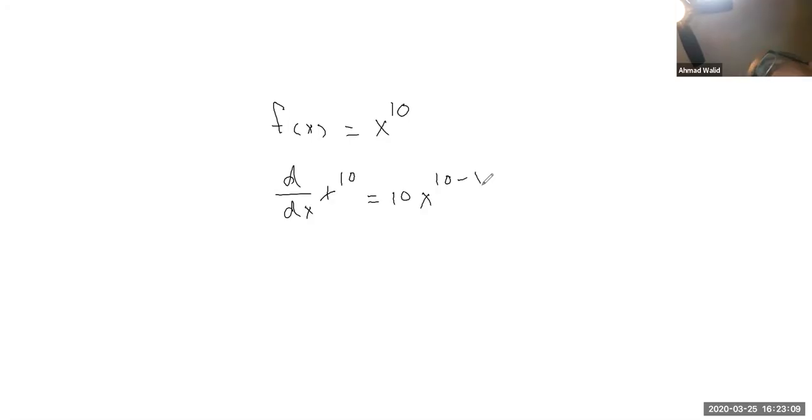There is no need to write this every time, because you can calculate this by yourself and just write the answer. But for the time being, to show you how you find the derivatives, I'm writing every single step. Then 10x to the power of 10 minus 1 gives you 9. That's the first derivative, or you can name it f prime of x. If f of x is x to the power of 10, then your f prime of x is 10x to the power of 9.